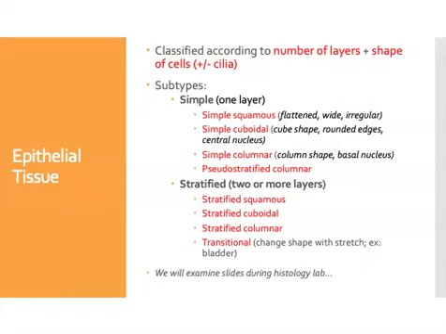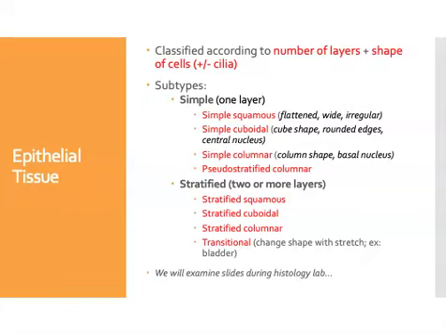And I'll show you an image of this in a minute so you can see what I'm talking about. Simple columnar epithelium has cells that contain a columnar shape, a tall sort of rectangular shape. And instead of having the nucleus dead in the center of the cell, the nucleus tends to lie down at the basal surface of the cell.